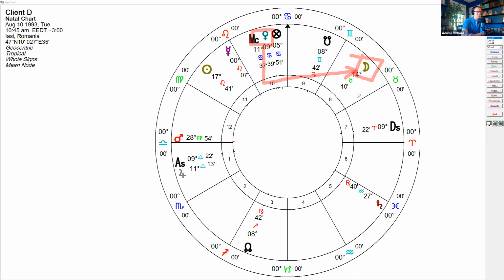However, it wouldn't surprise me, with the ruler of the 7th being in the 6th or in the 12th place, if the individual had some kind of challenge with their family, even if they do come from a wealthy or more privileged background.